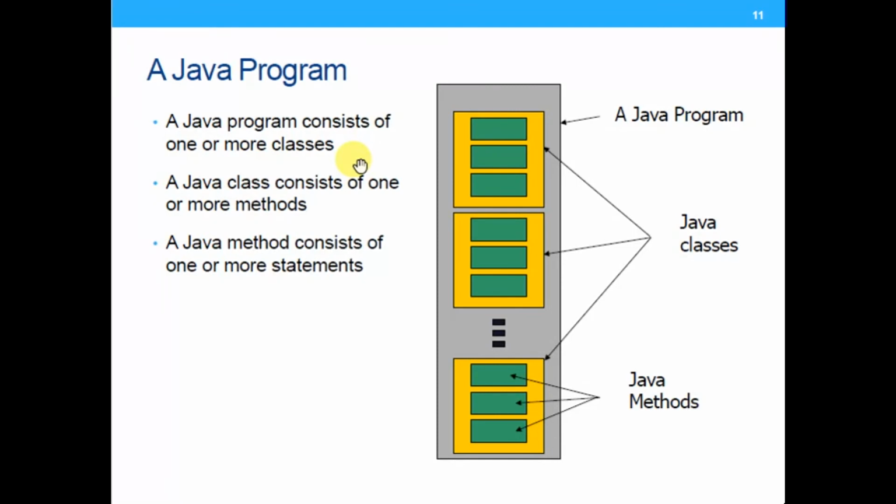A Java method consists of one or more statements. As I told you at first, the program consists of a list of instructions or a list of statements. So each method has one or more statements that do a specific task. This is the program, the whole bunch. These are the classes, 1, 2, 3, and it can be more than 3, but this is an example. And each class has methods.